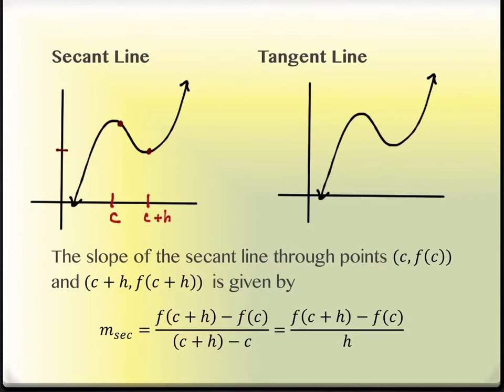This point is f of C plus h, and this point right here is f of C, and we draw the line between, something like that. And we find the slope of this line.